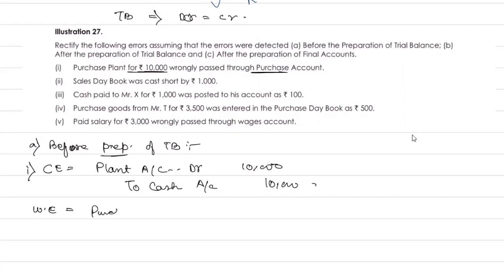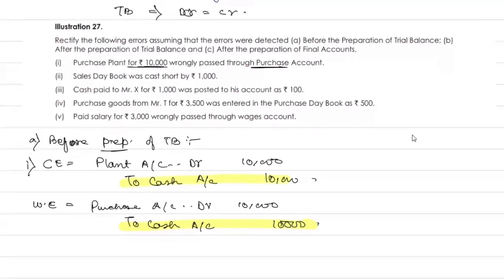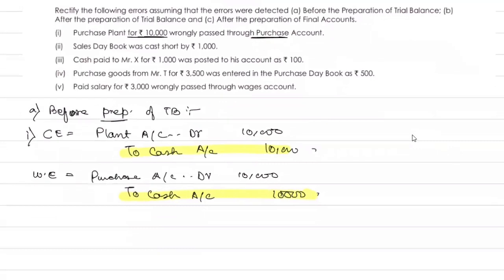That means we did purchase account debit to cash account. Now see, my credit is correct. The cash is there, but we have debited purchase extra. So what should be the rectified entry?